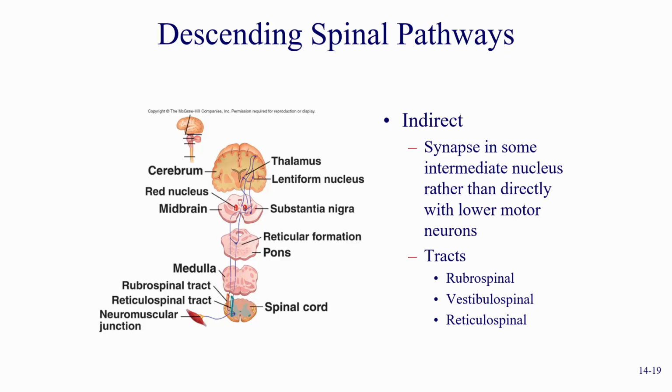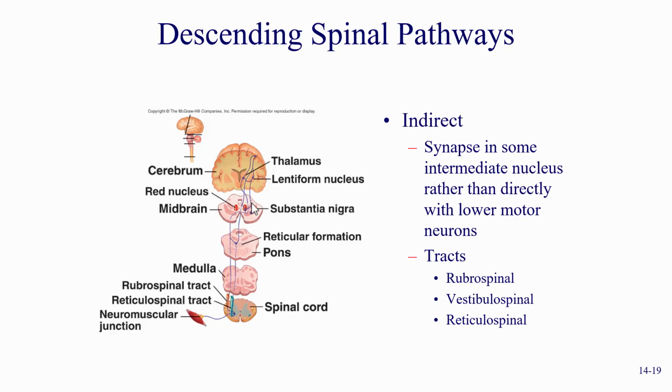And now looking at indirect descending spinal pathways, they're going to synapse in some intermediate nucleus rather than directly with lower motor neurons. And if we look up here, we can see the starting point again in the motor cortex. One of those synapses is going to be in the thalamus and the lentiform nucleus. From here, we have fibers that are going to come down to the midbrain, and they're going to cross over from the red nucleus.